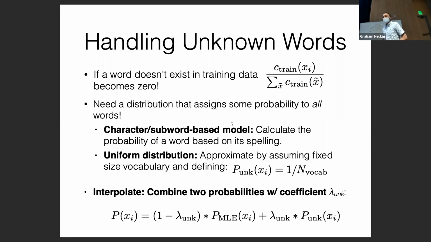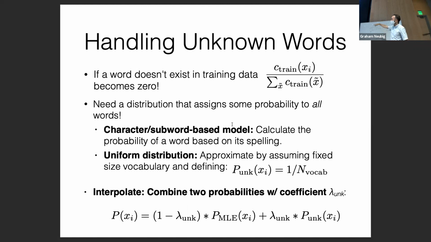Yeah. So I can go into a bit more detail on this. We might do that in the language modeling section, but basically, there's an interesting connection between doing this and adding a prior probability using something called the Dirichlet distribution, and then updating the parameters based on that. So the prior probability is basically the unknown word model.